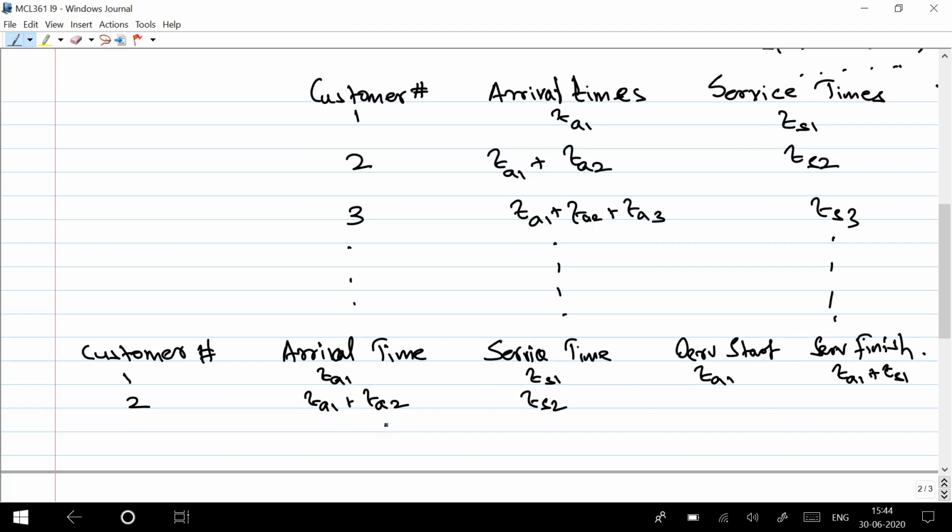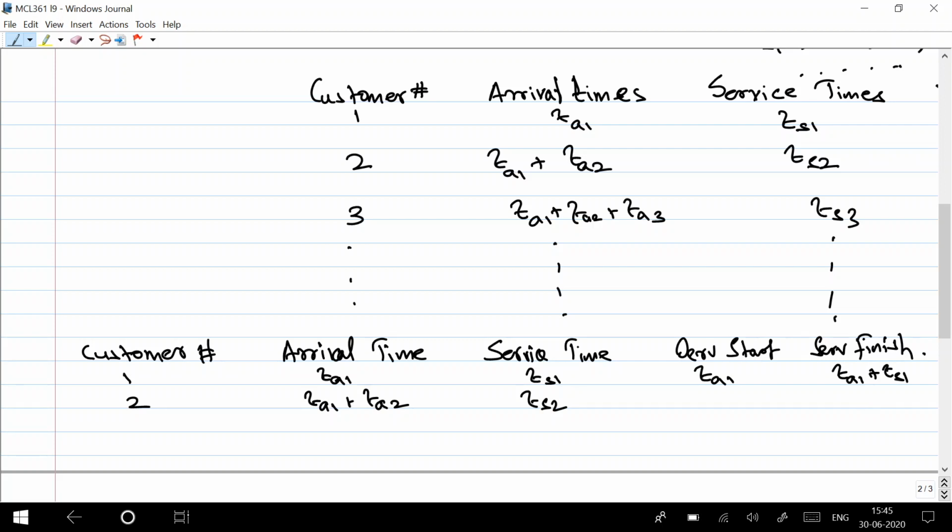If yes, then the service start for the second customer is just going to be TA1 plus TA2. If not, it means that the customer arrives before the service actually finishes for the first customer. So the service start time is going to be TA1 plus TS1, right?